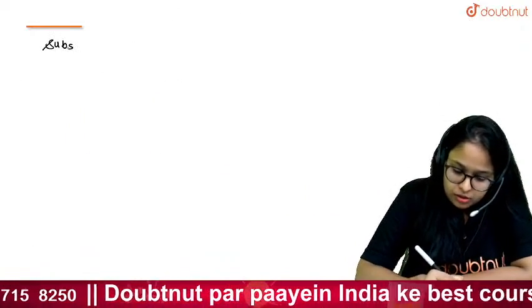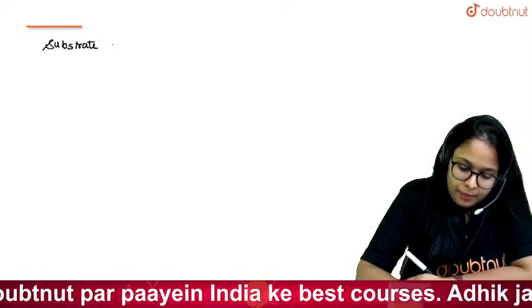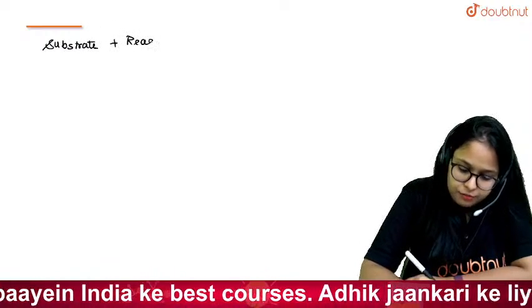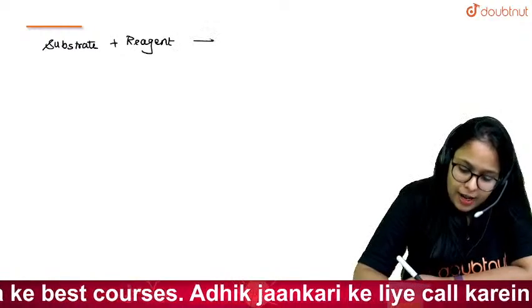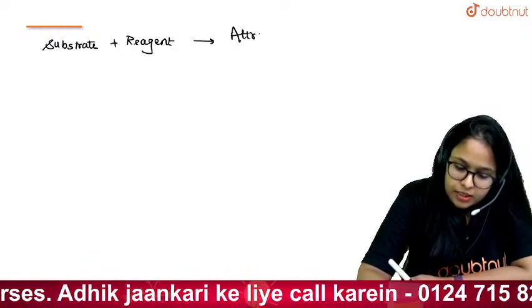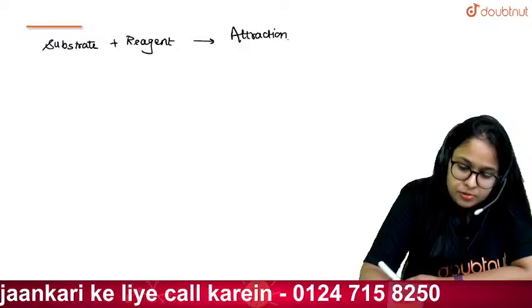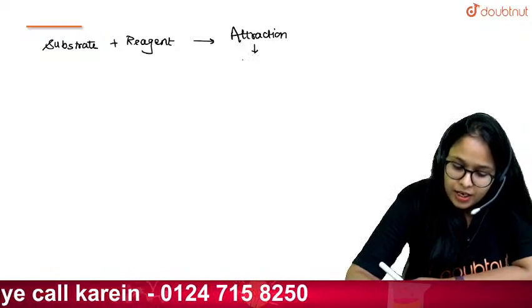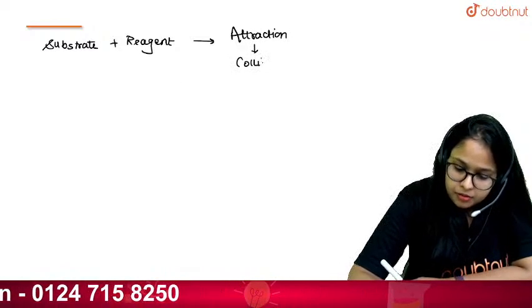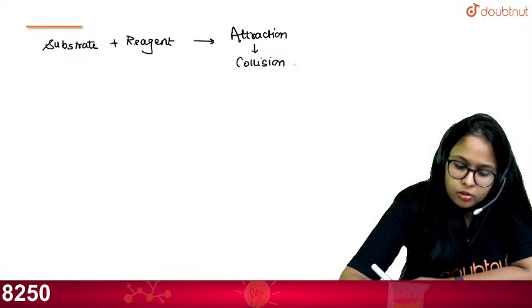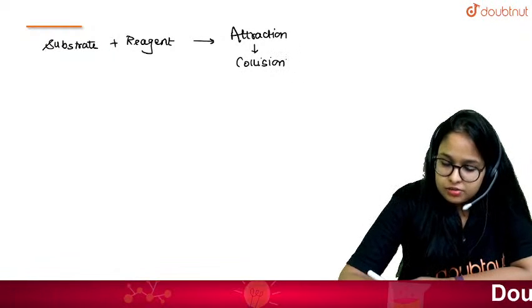Later we said that for a reaction to happen, substrate and reagent first of all show attraction. When they attract, they collide. During collision, some amount of energy is released.